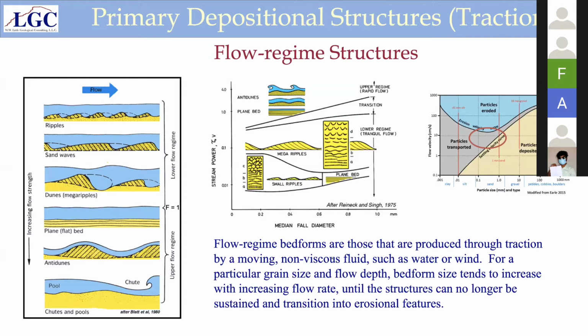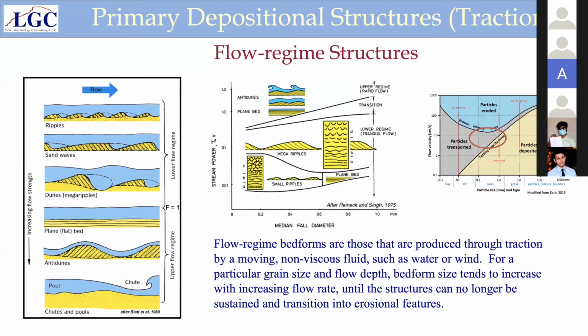So looking at the left, we go from ripples into sand waves, into dunes, and then once we get to the dune stage, if flow velocity increases further, the dunes begin to flatten out as the rate of erosion starts to catch up with the rate of deposition. Once the rate of deposition and the rate of erosion are pretty much equal, we switch from lower flow regime into upper flow regime. Now, where I have F equals 1 on there, that refers to the Froude number. And by definition, the boundary between lower flow regime and upper flow regime is a Froude number of 1.